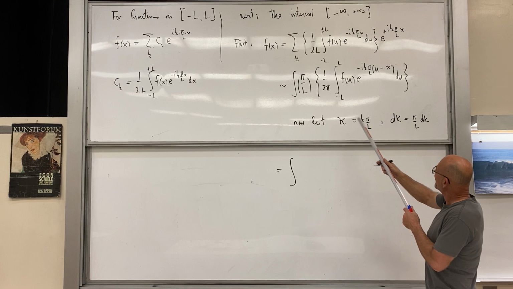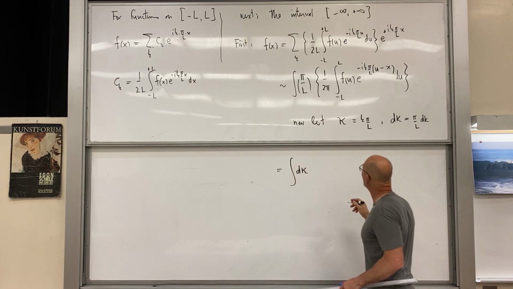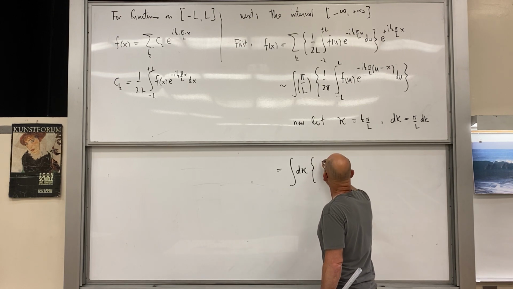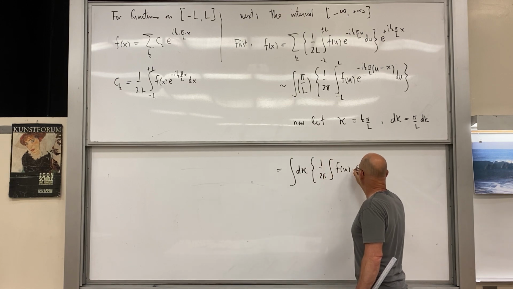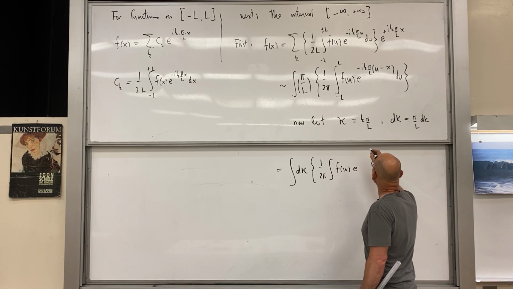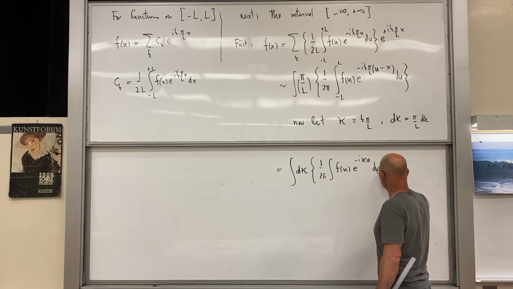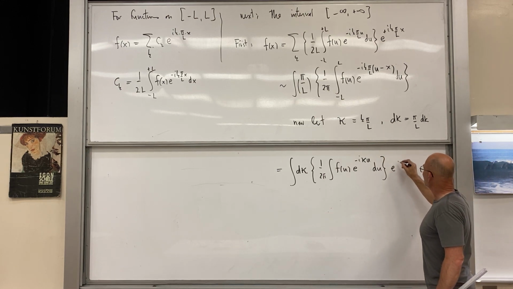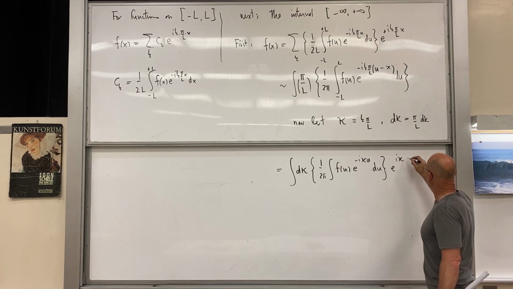We've got the d kappa, we have 1 over 2 pi integral f of u e to the minus i kappa u du, and then I'll have e to the i, still kappa x.